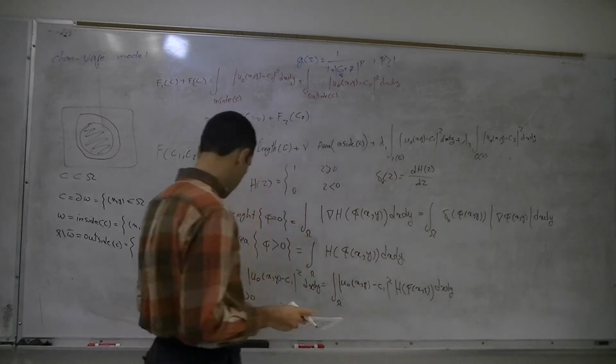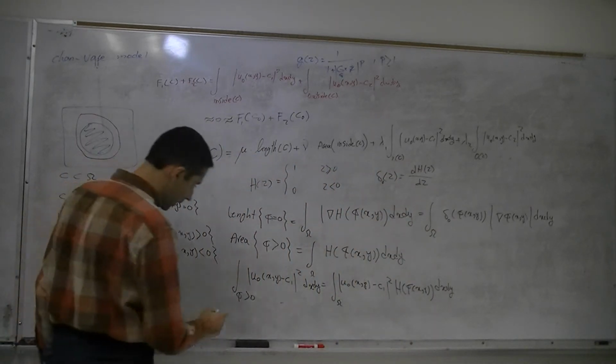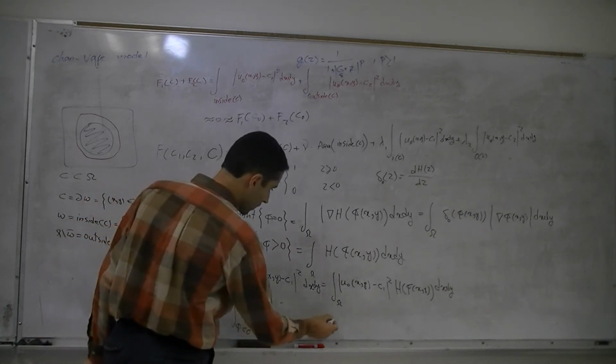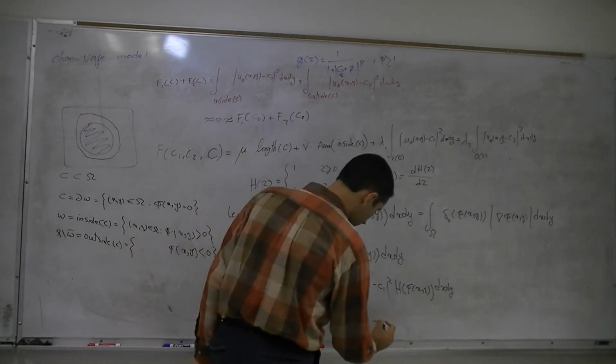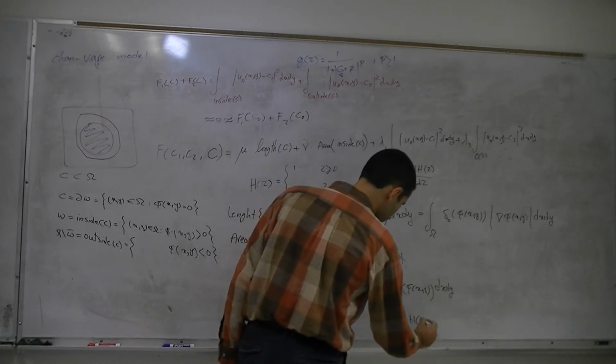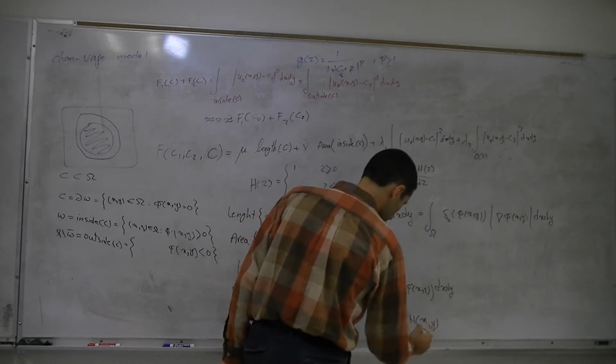And for the area that is outside, we have the same thing, minus c2, and 1 minus h of phi x, y.